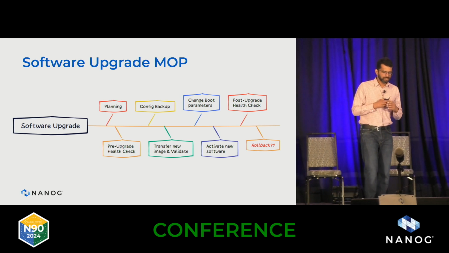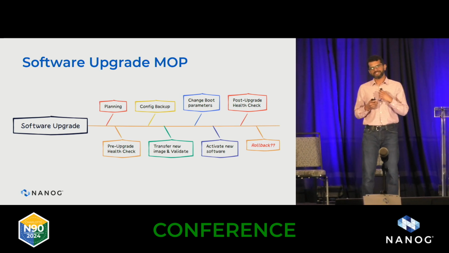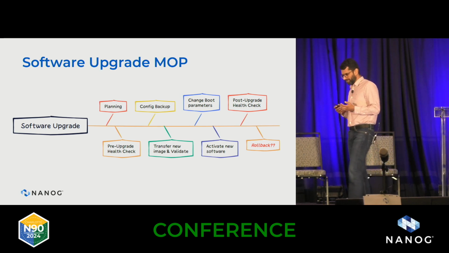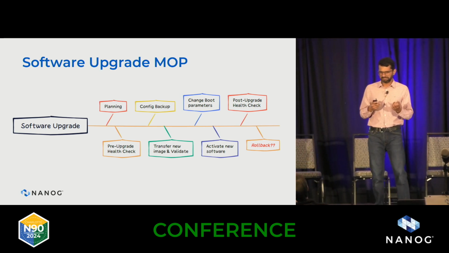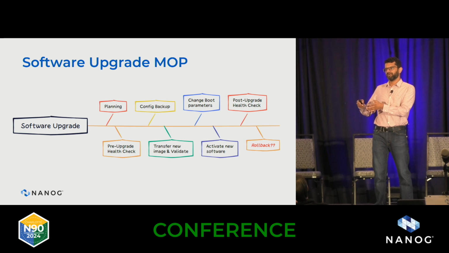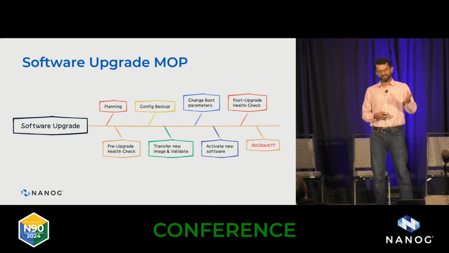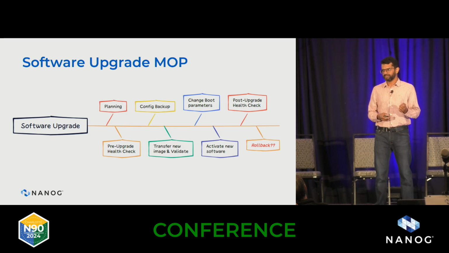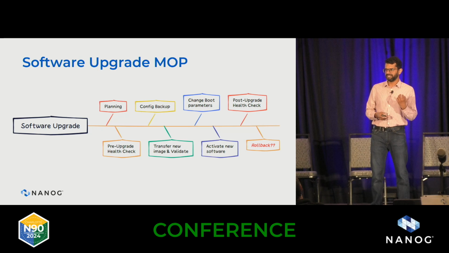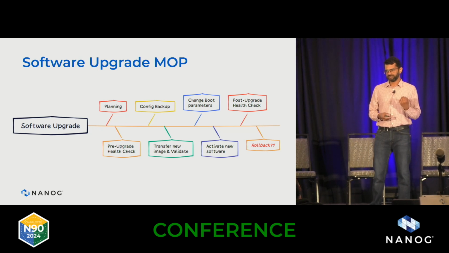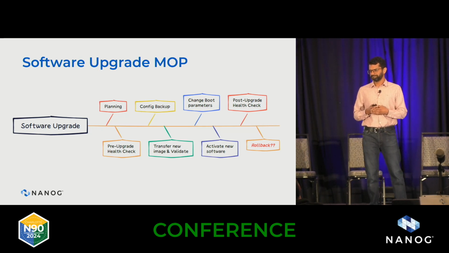Once the backup is done, then we can transfer the new software image to the router. Now this transfer process doesn't have to necessarily happen on the night of the upgrade. You can do it earlier as well, store it and keep it in the router, right? Along with the transfer, the router will also need to validate that the software image is valid, so the software image was not corrupted during the transfer.